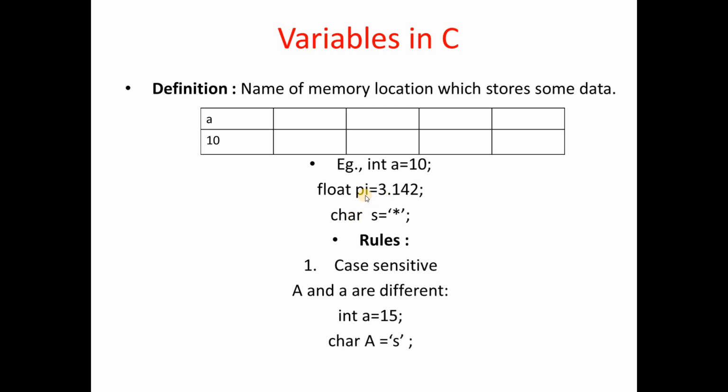So a variable just holds some values in the memory location. If you want to store some decimal values, we all know our pi value is 3.142, which is a decimal value.